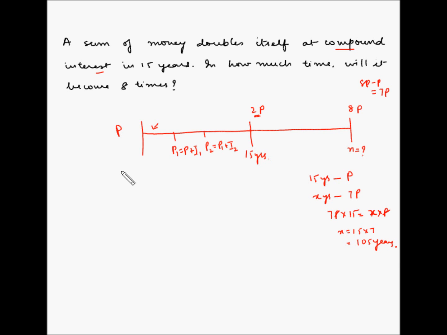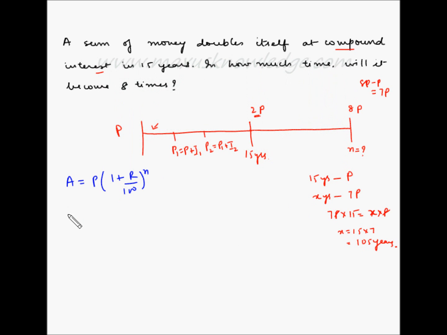Now for compound interest, the formula for amount is A is equal to P multiplied by (1 plus R by 100) to the power n. Now let's take the first case, which is after 15 years the amount is getting doubled.